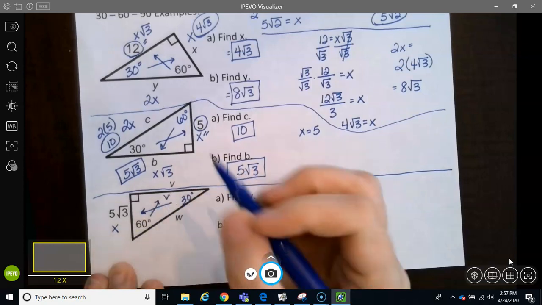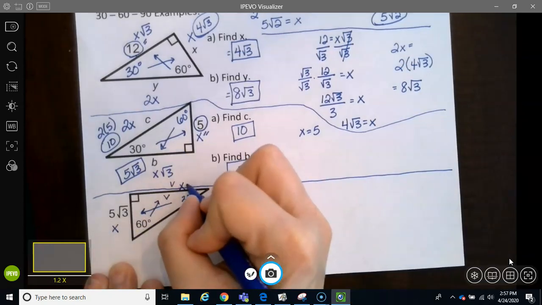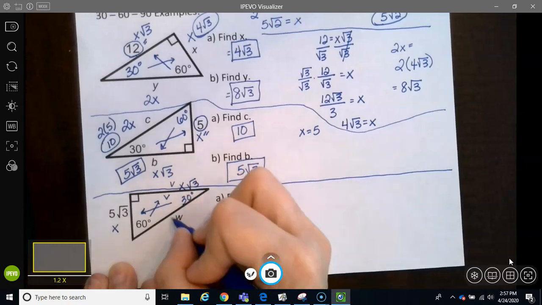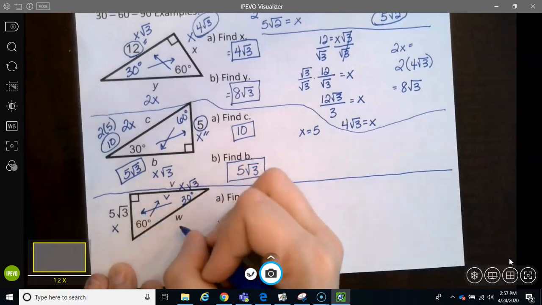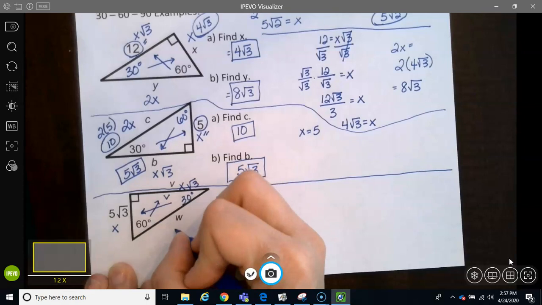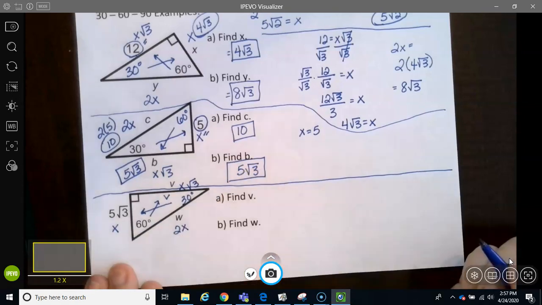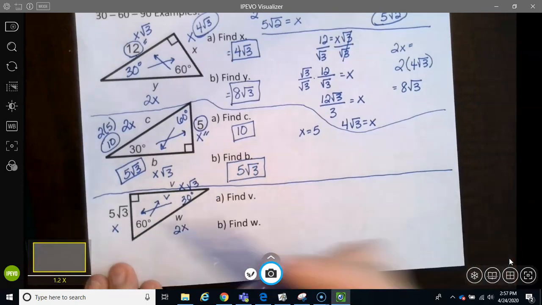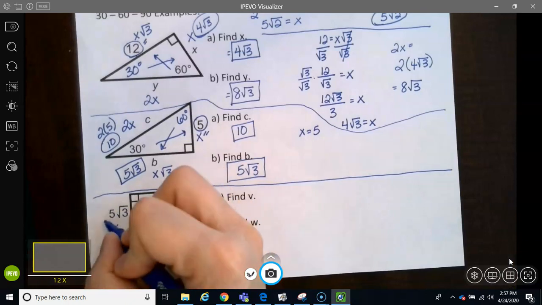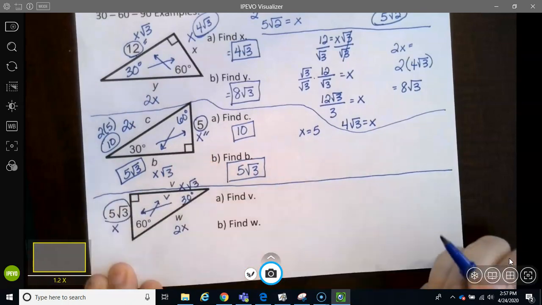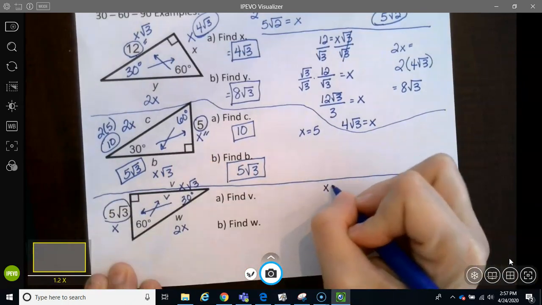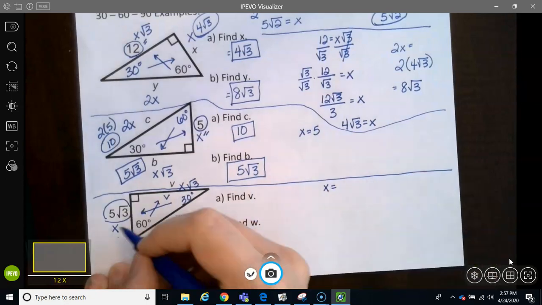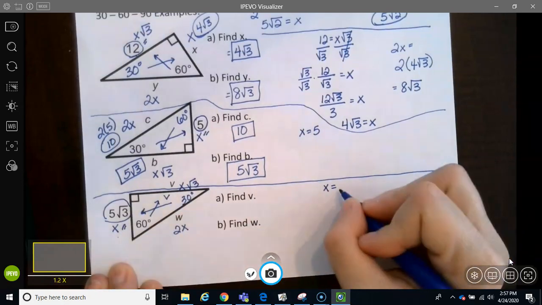Across from your 60 is your x square root of 3 side. And across from your hypotenuse, which is across from your 90-degree angle, is your 2x side. Okay? So the side that we actually know the length of, they told me this side was 5 square root of 3. So I set that representation for that side, x, equal to 5 square root of 3.